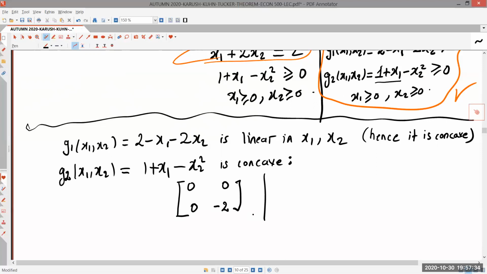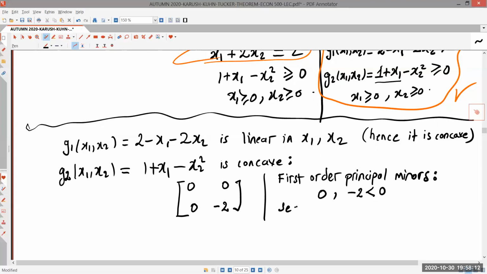First order principal minors are 0 and minus 2. 0, of course, is 0, and minus 2 is a number which is less than 0.